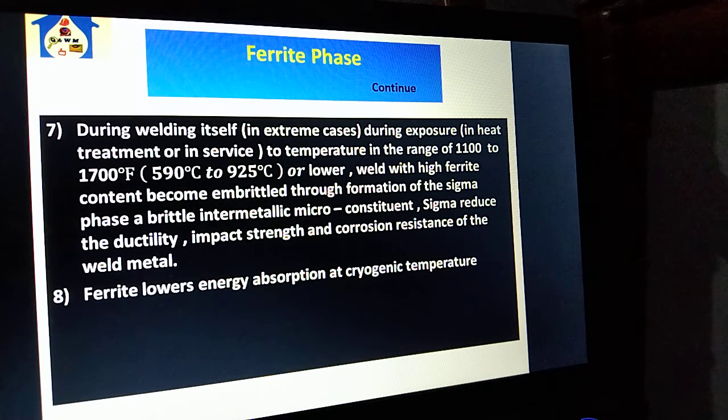Sigma reduces the ductility, impact strength, and corrosion resistance of the weld metal. Ferrite also lowers energy absorption at cryogenic temperature.